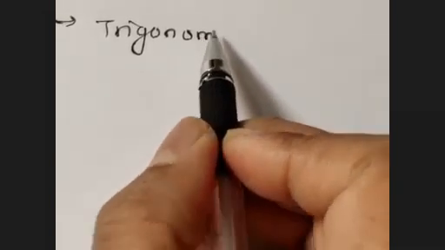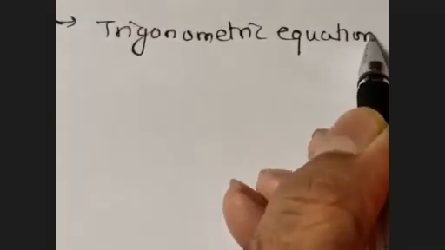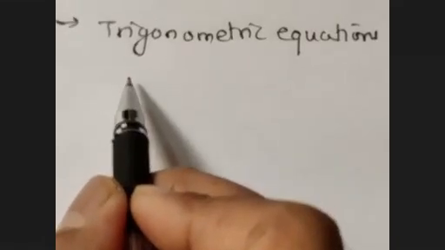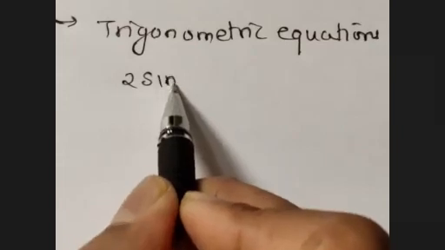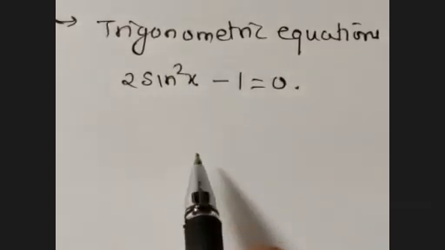Now if we talk about trigonometric equations, suppose I say 2 sine square x minus 1 is equal to 0.